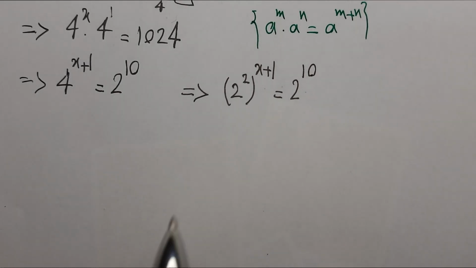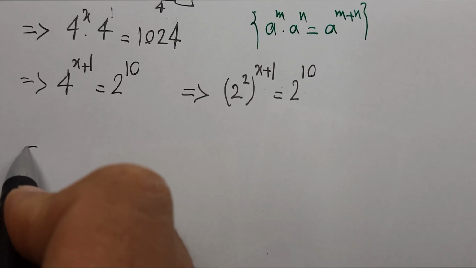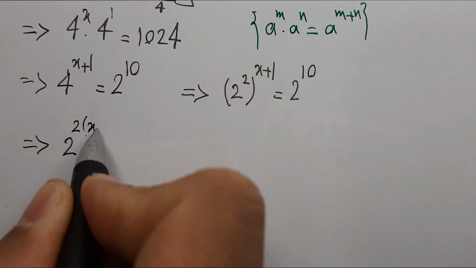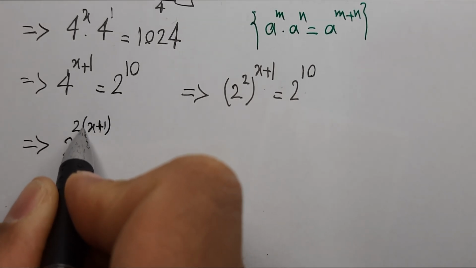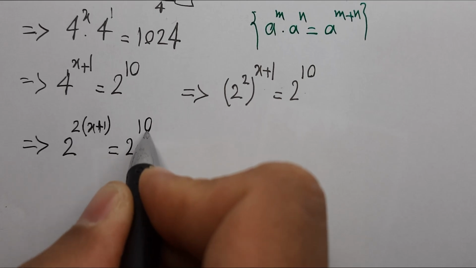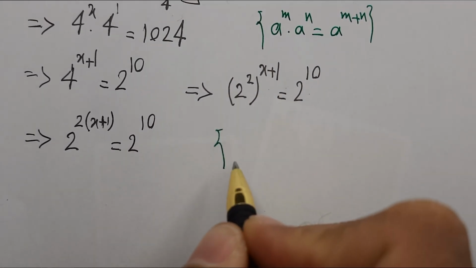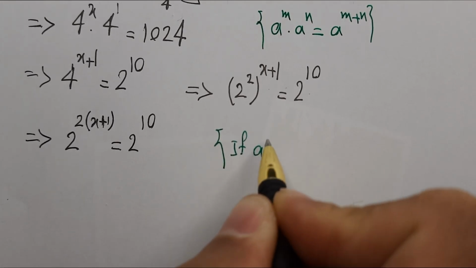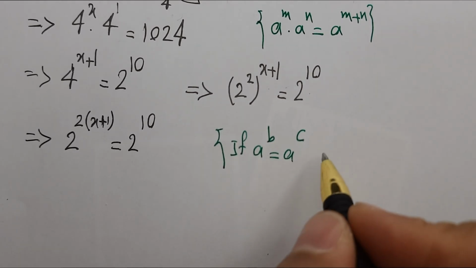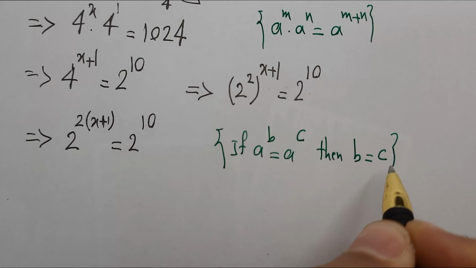Now here, 2 power 2 times x plus 1 equals 2 power 10. As you know, if a power b equals a power c, then b equals c.